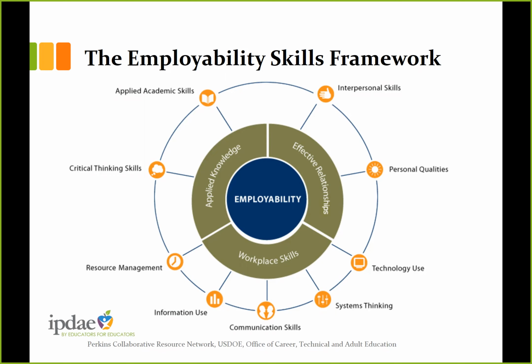We have the applied academic skills, and the critical thinking skills fall under applied knowledge. And then if you look to the right of the graphic, you have effective relationships. Effective relationships includes not only your interpersonal skills, but also pertain to your personal qualities, as a worker and as a leader.